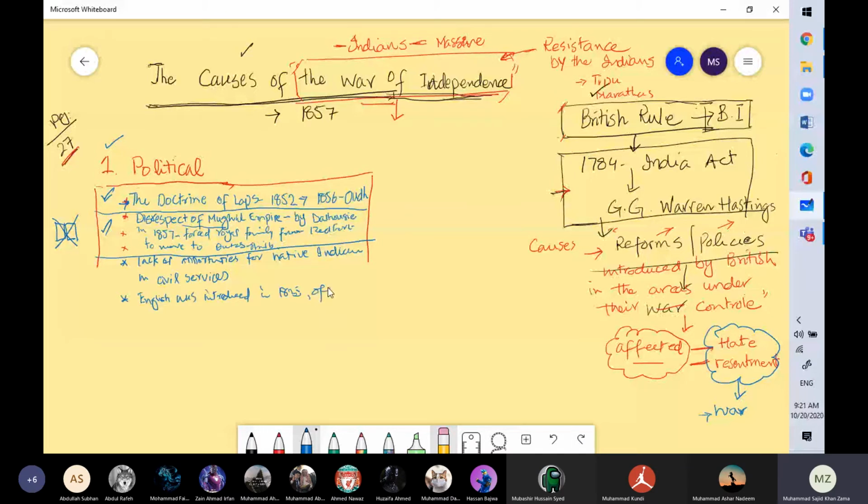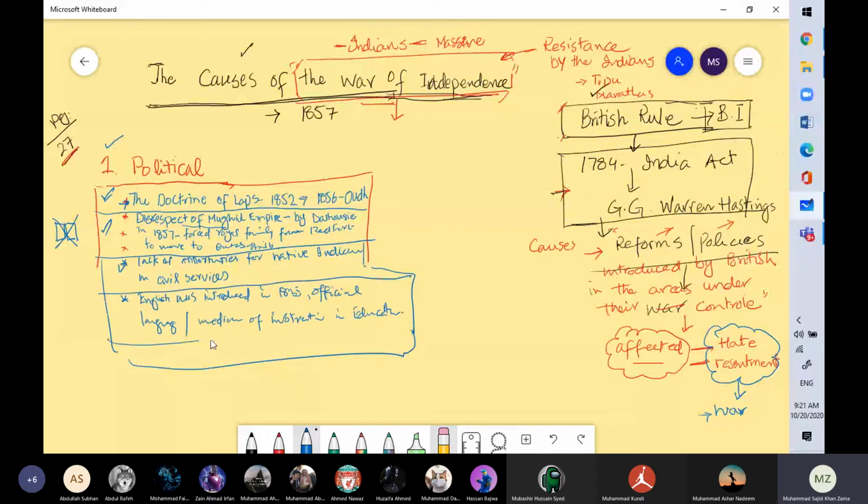So official language, you can say, official language and medium of instruction in schools, a medium of instruction in education. Now, this is how we read and write. This is what is called reading and taking notes.